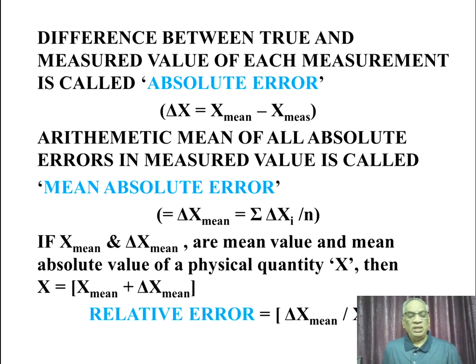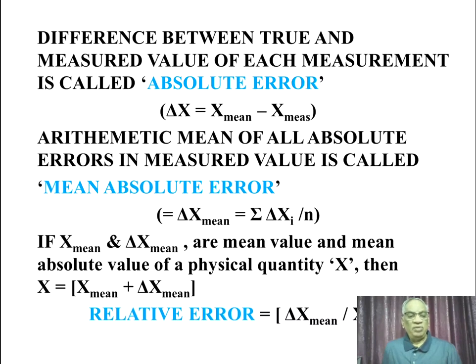X measured is a particular measurement. The absolute error for each individual measurement can be obtained as delta x, which is equal to x mean minus the measured value in that particular measurement.